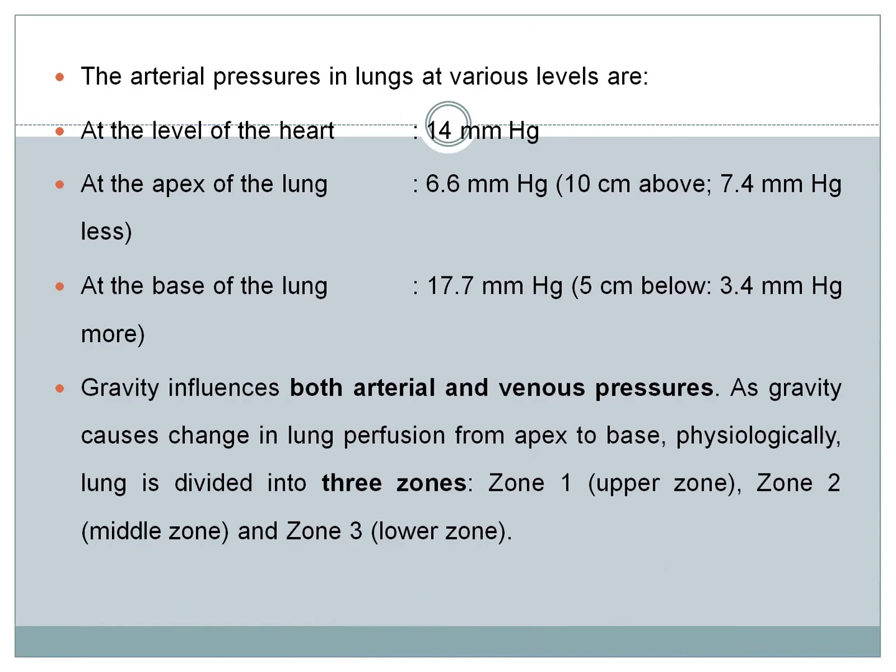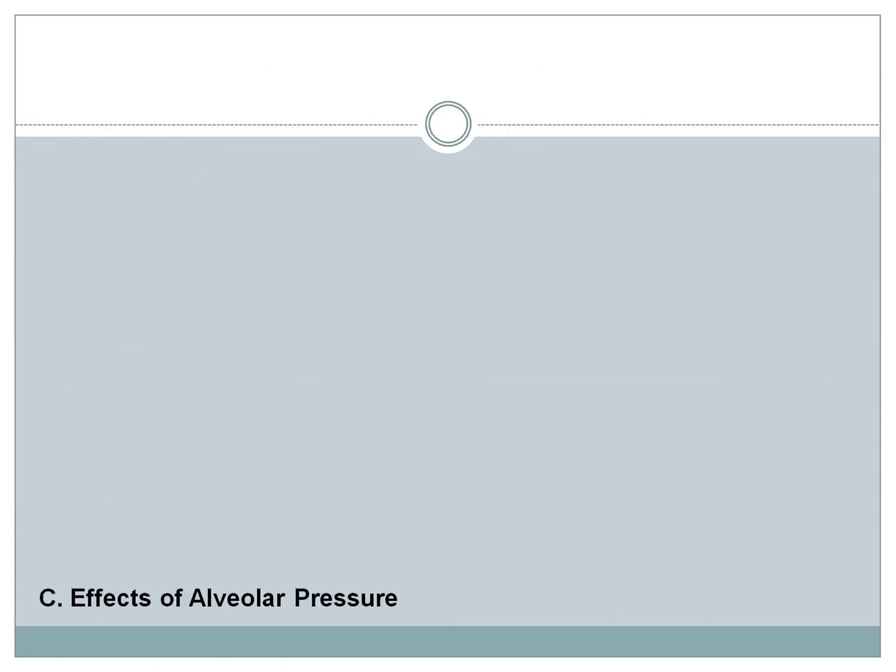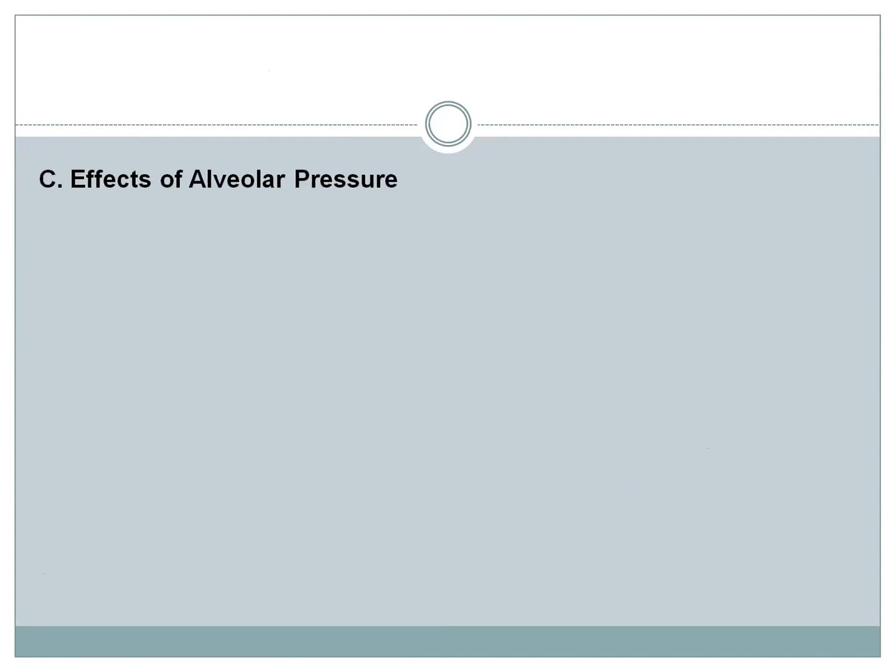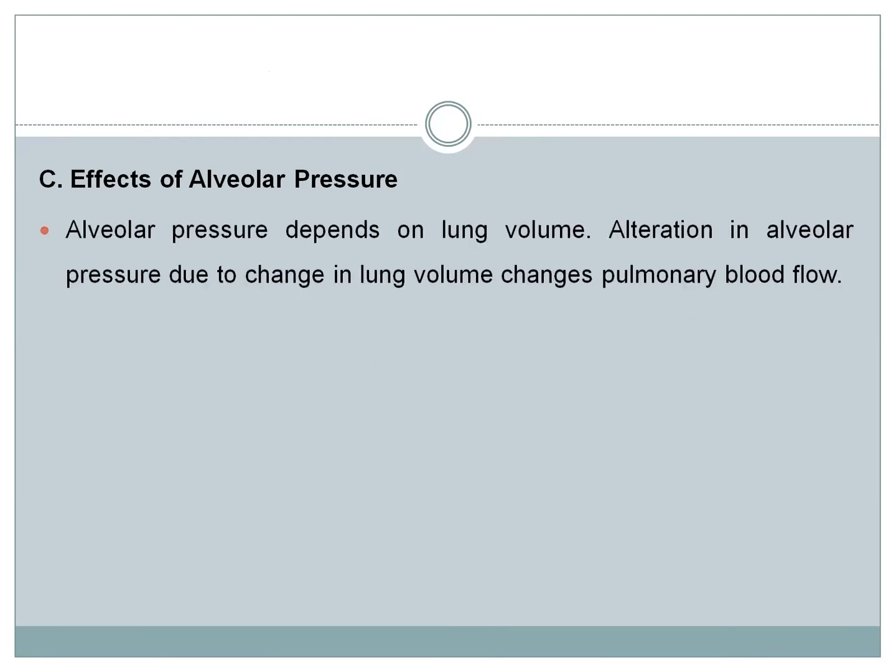So as gravity causes change in perfusion from apex to base, physiologically the lung can be divided into 3 zones: upper zone, lower zone and middle zone. So zone 1 is the upper zone, zone 2 is the middle zone and zone 3 is the lower zone, depending on the effect of gravity.